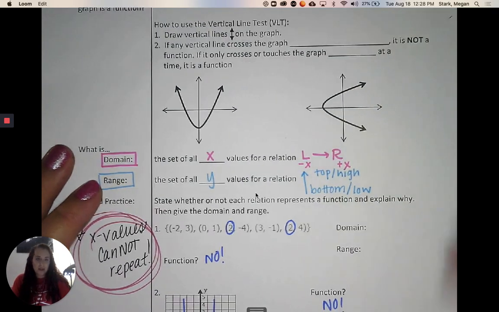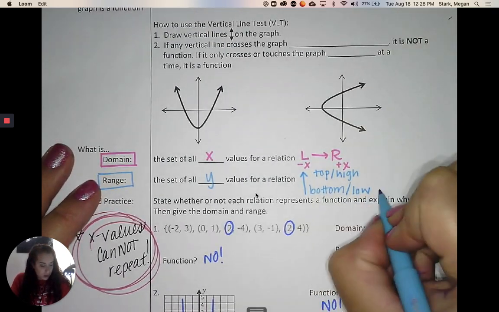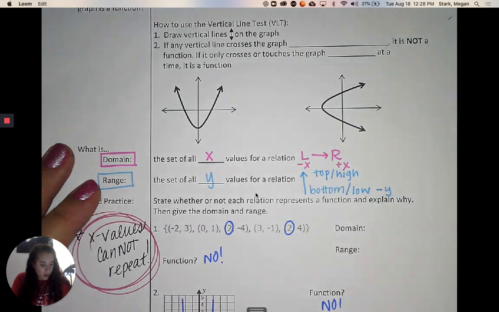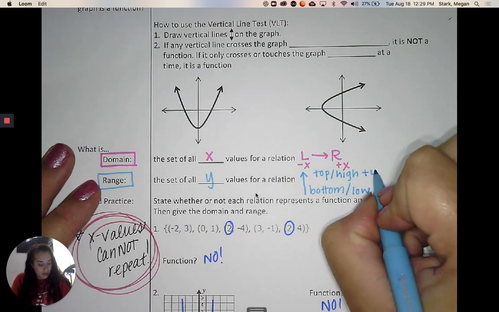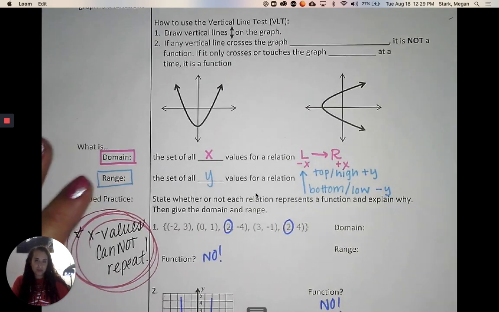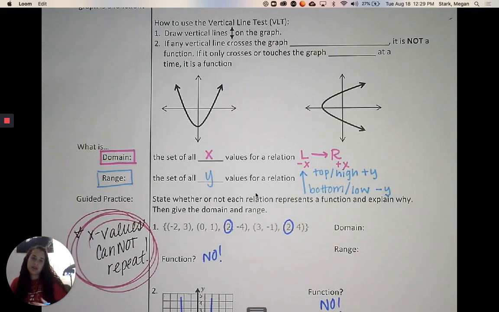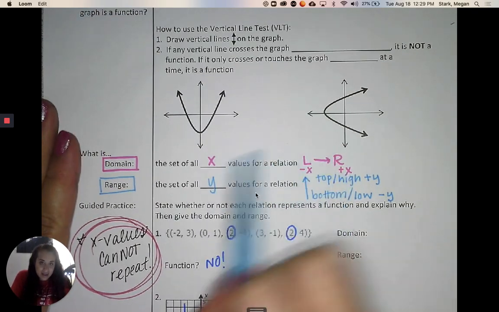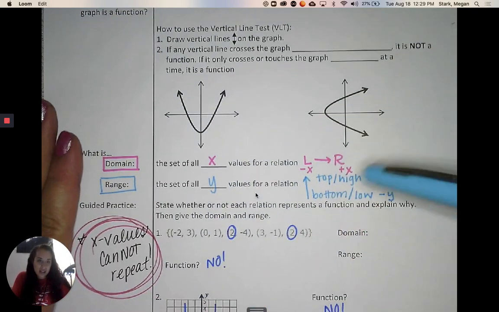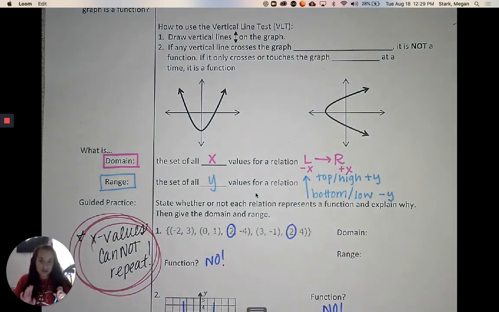Okay, so remember, bottom and low, those are our negative y values, and our top or high are our positive y values. Okay, so knowing this, we're going to apply domain and range to the 6 examples that we did yesterday.